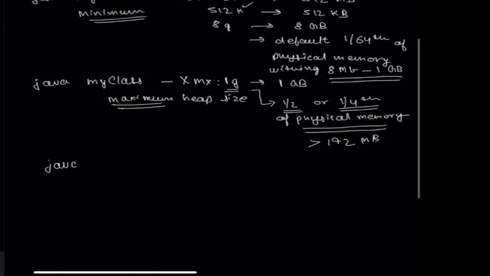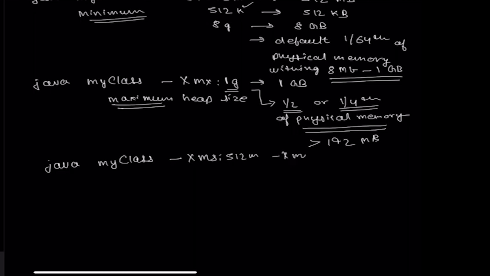And needless to say, we can configure both these limits together as well. We can configure -Xms and -Xmx together, as shown in this example, where we are configuring minimum size as 512 MB and maximum size as 1 GB.